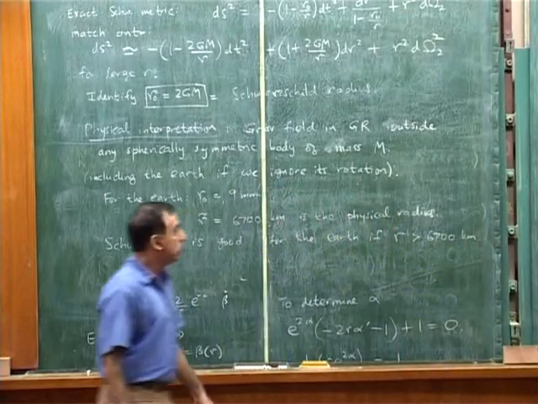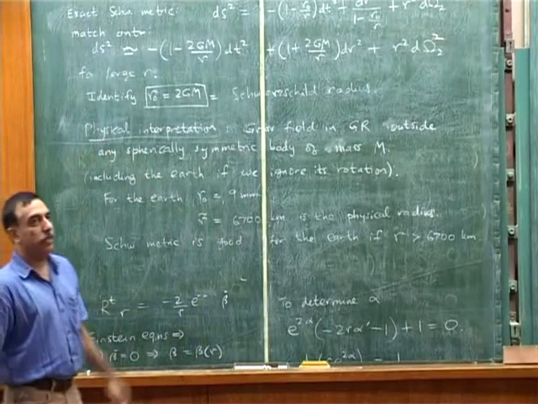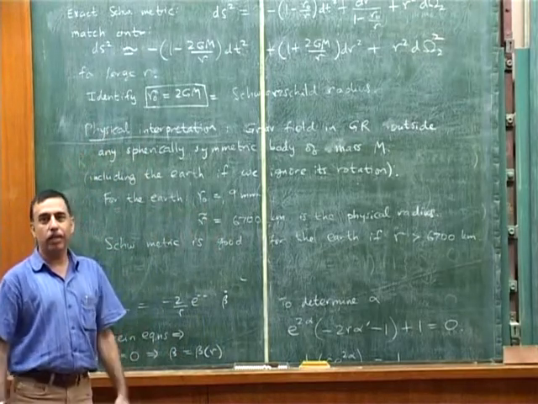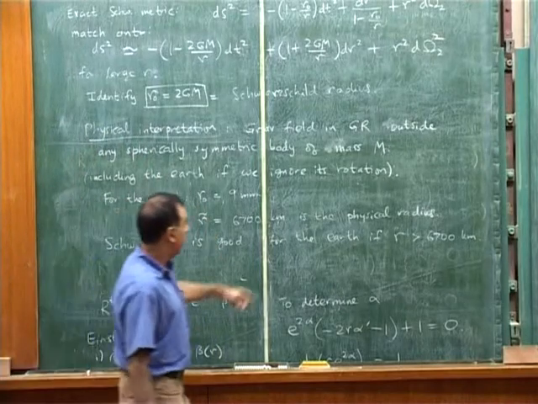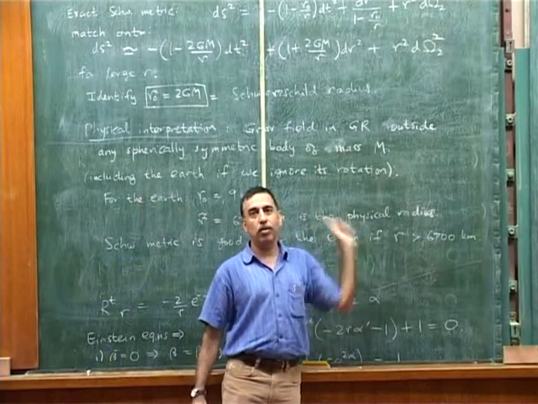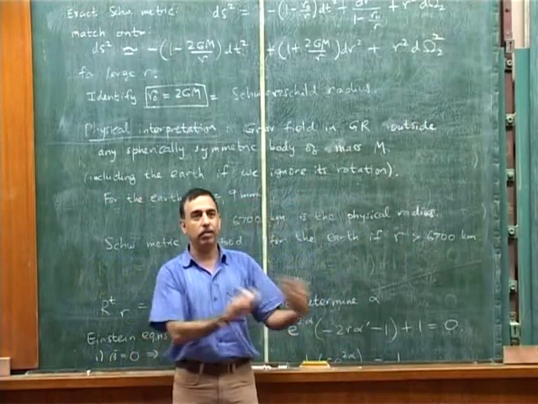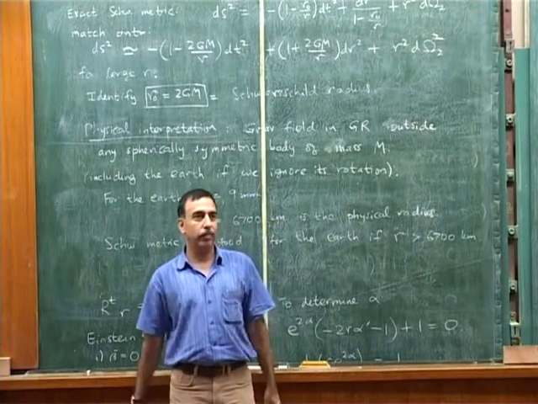So there is absolutely no sense saying, sir, this is the metric of the Earth, what happens when R is equal to 2GM, which is 9 millimeters? The answer is it's not the metric of the Earth when R is less than 6,700 kilometers, because after that we have to solve a different equation, Einstein's equation with an energy momentum tensor, which is that of the Earth.